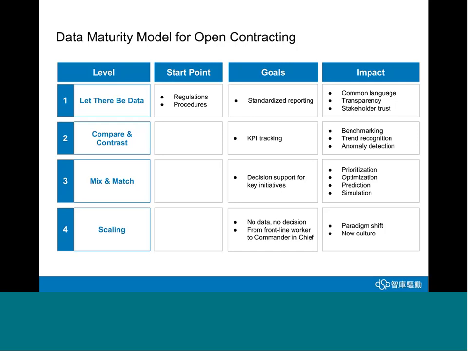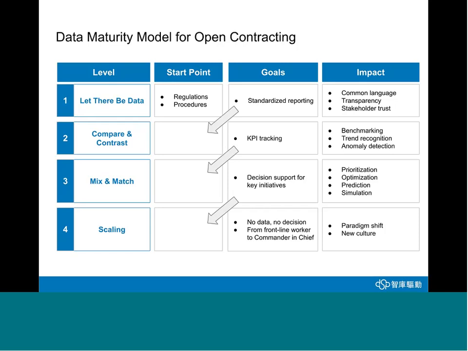Level 2, I call it compare and contrast. The starting point is the goal from the previous level. Once we have standardized reporting, we can start to do some analysis. The basic and most useful one is KPI tracking.